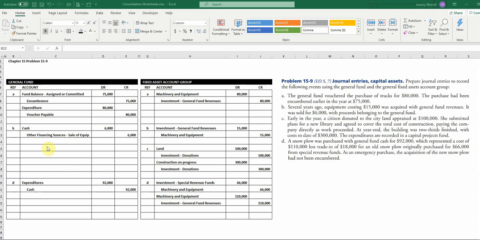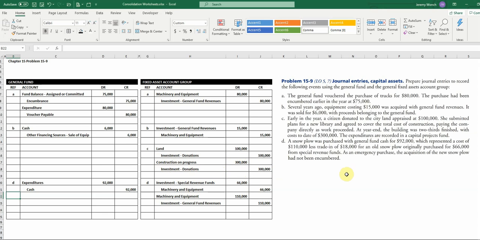There's nothing happening in the general fund here, but we do debit land, and the source of that is donations, so we credit donations. For the building, we book construction in progress as we work on it, $300,000 to date, and again the source is donations.